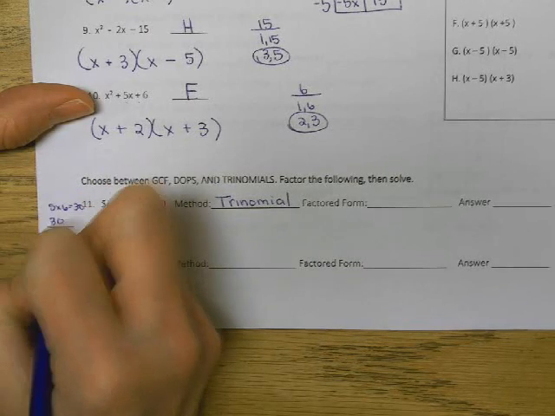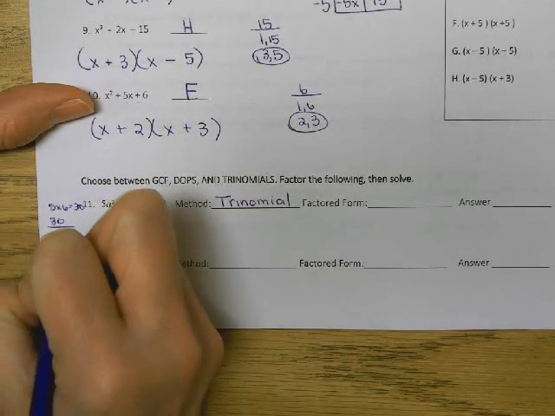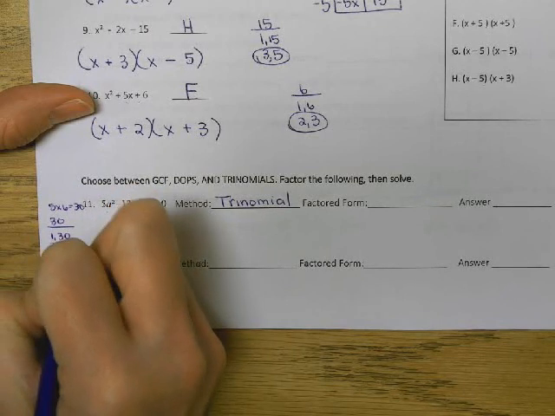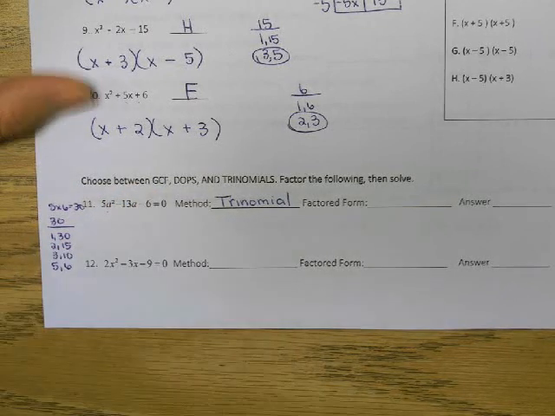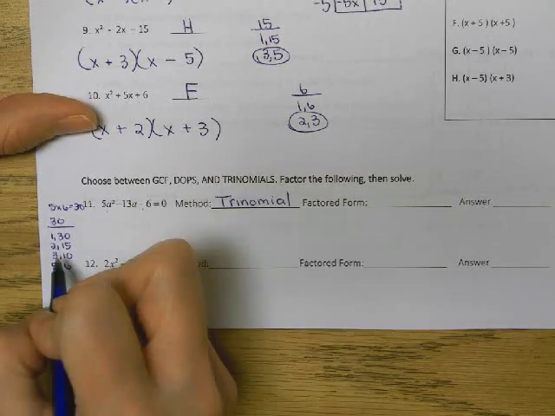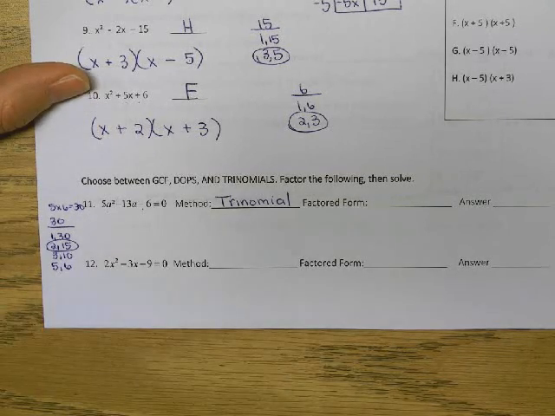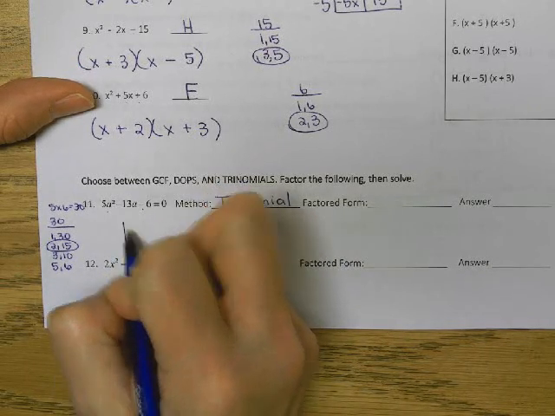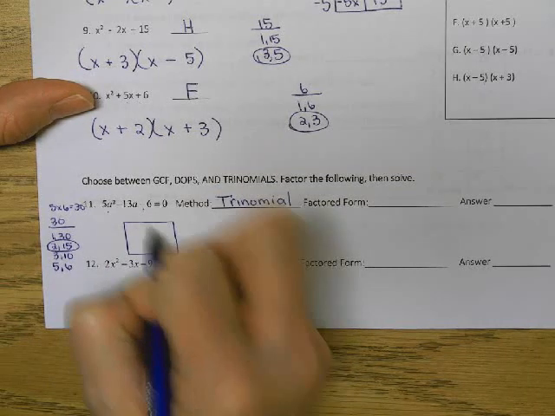Now I'm going to list all my factors of 30. Because the 6 is negative, I'm looking for the 2 that subtract to give me 13. So I get 2 and 15. So I'm going to go ahead and put those in my box.